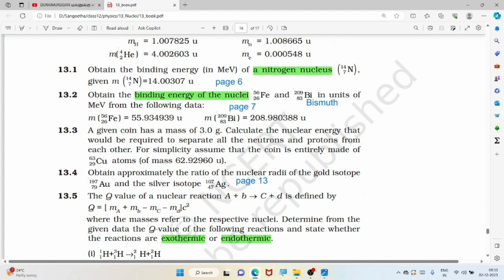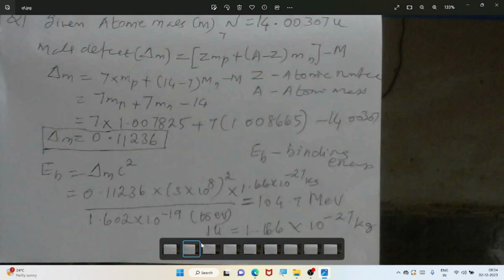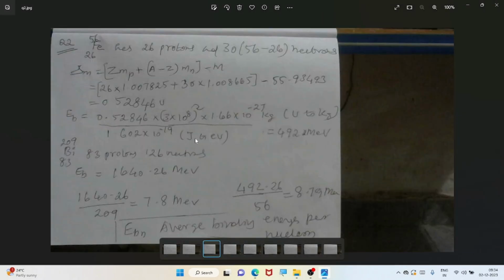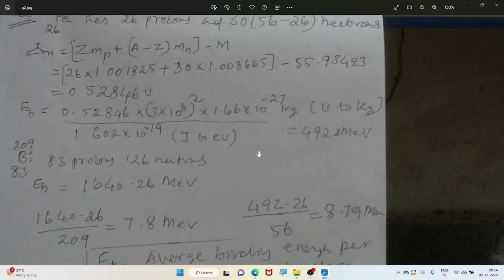Obtain the binding energy of the nuclei for iron and bismuth. So here, as compared to the previous one, we are going to find the binding energy per nucleon also, for comparison between iron and bismuth.